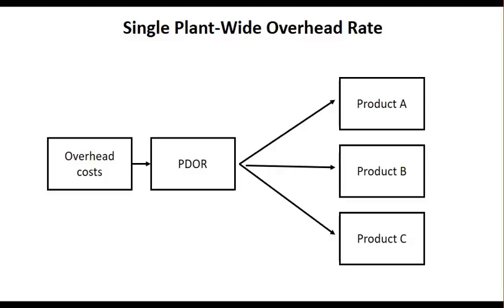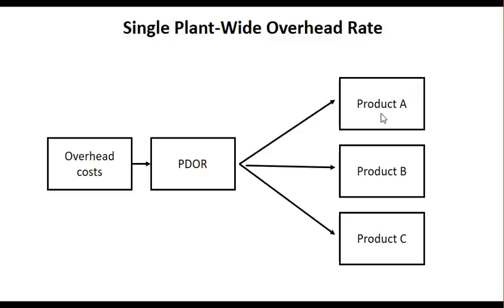Now we're going to take a look at overhead costs and allocating them from a plant-wide overhead rate. In this case, we take all of our overhead costs and we pool that value together, and we determine a cost driver that is common to each product line.